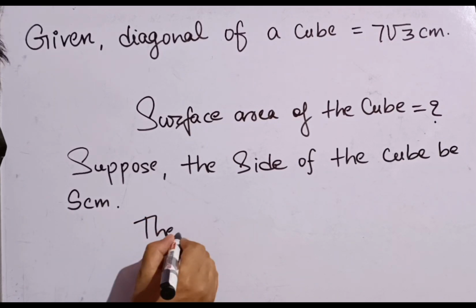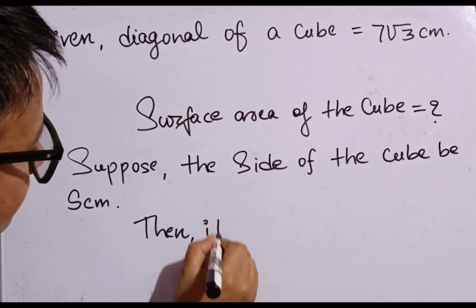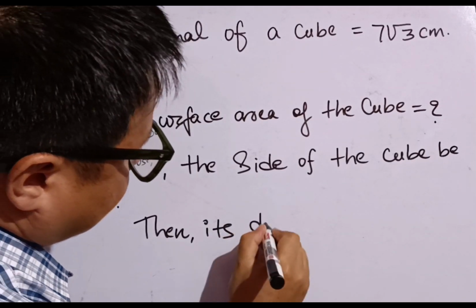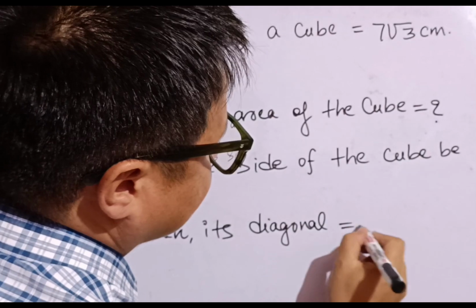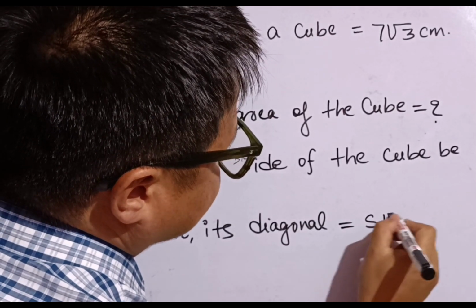Then if the side of the cube is s centimeter, its diagonal is given by the formula s into root 3 centimeter.